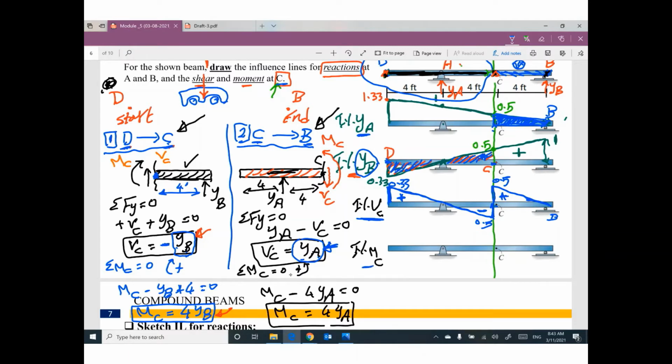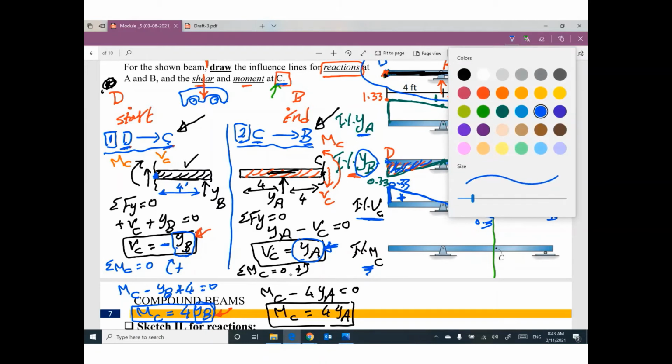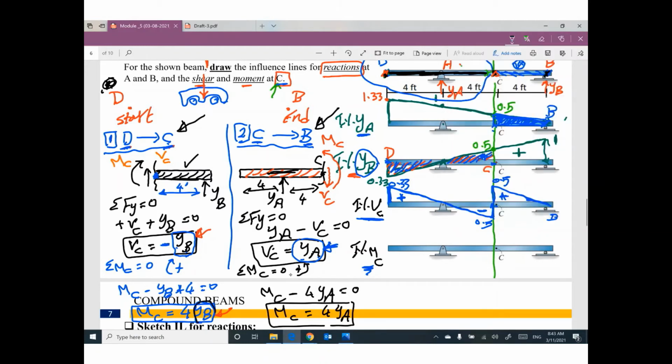Can we try to draw the influence line for MC? Yes, we can. Let's do the same game. From D to C, we are looking for YB multiplied by 4. Where is YB between D and C? Wow, the same diagram.